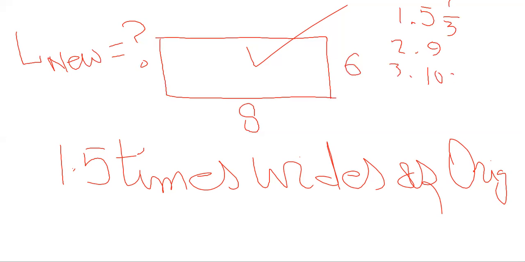Wait, what does it mean by only 9? 9 means that is the answer we are looking for, the new length of the ordered rug. This may be the answer, this may be the 10 and 2 by 3.